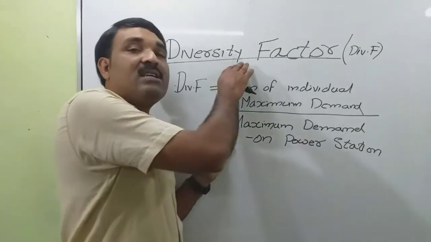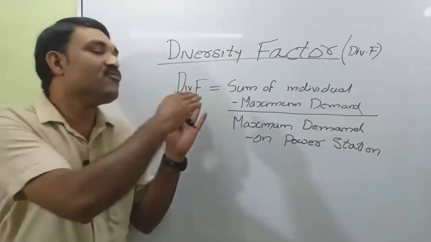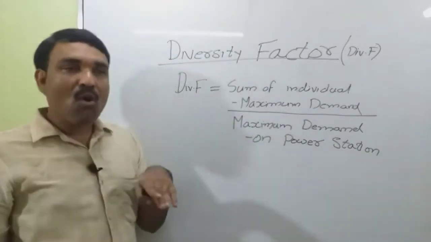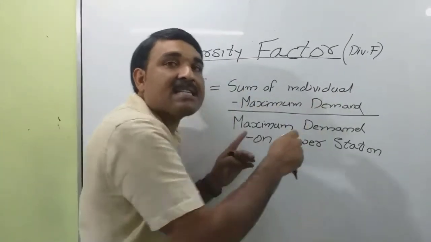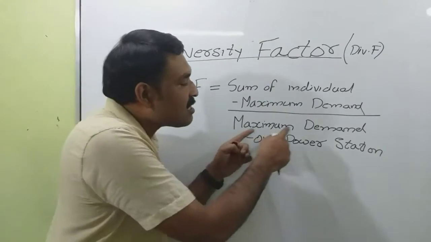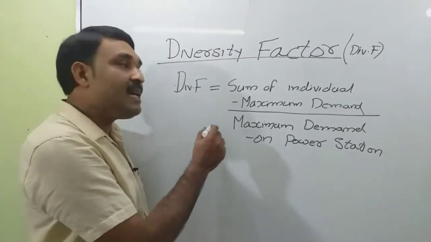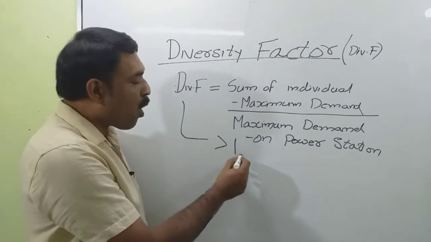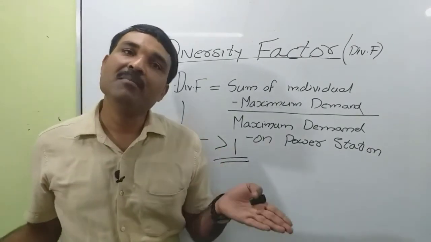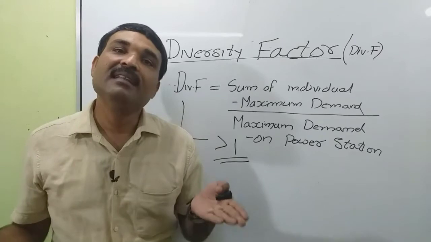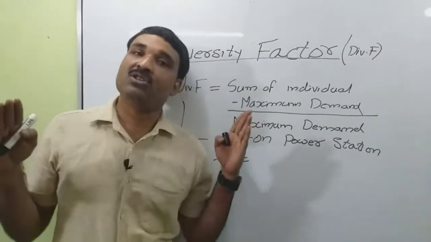Next is diversity factor. Diversity factor is defined as the ratio of the sum of individual maximum demands to the maximum demand on the power station. It is usually greater than 1. If the individual maximum demand is higher, that is an advantage for the power system.